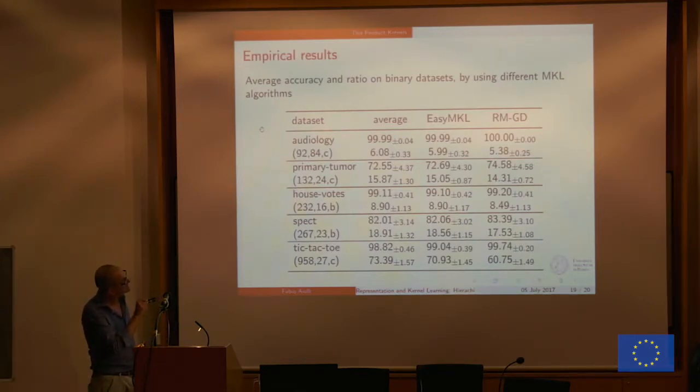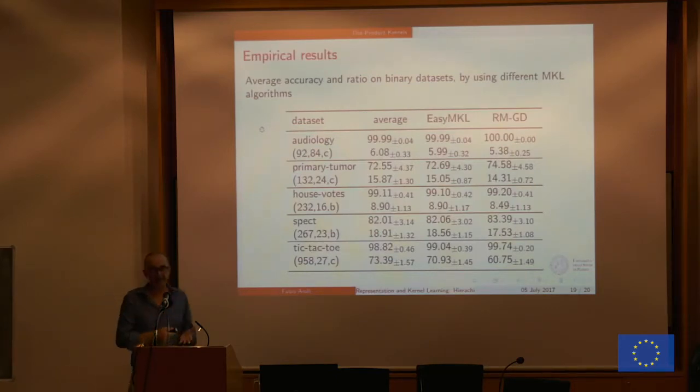And you can see that minimizing the ratio implies that the accuracy is also greater, is good. Okay? It's better than just maximizing the margin. And this is the final message.